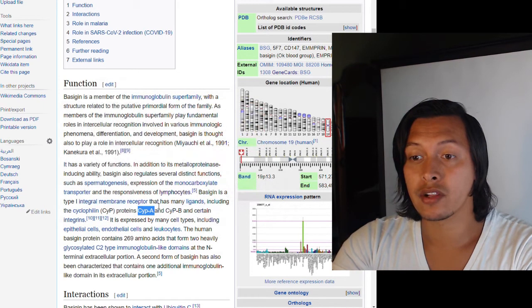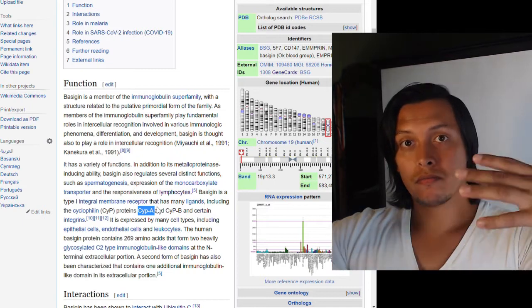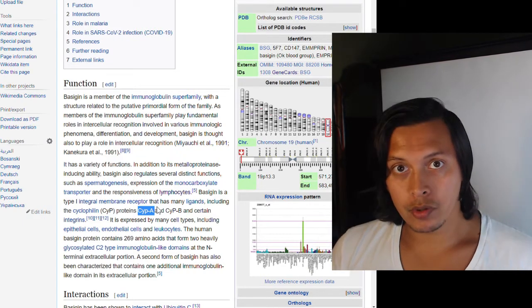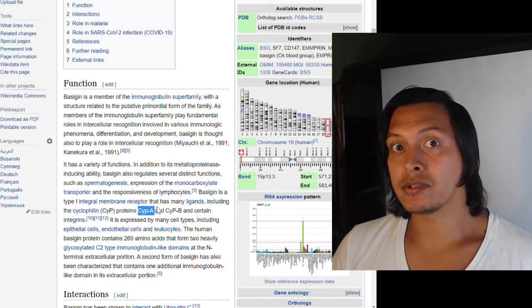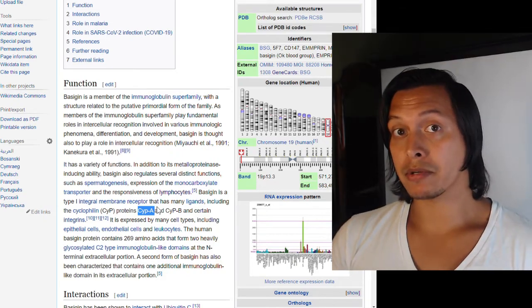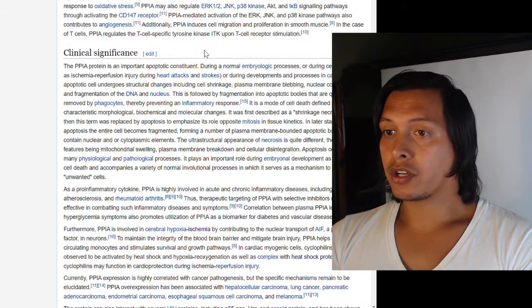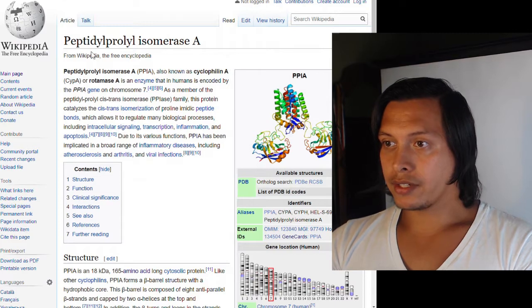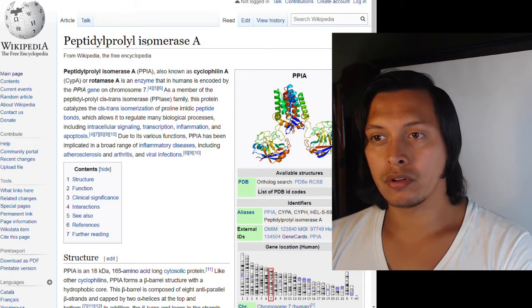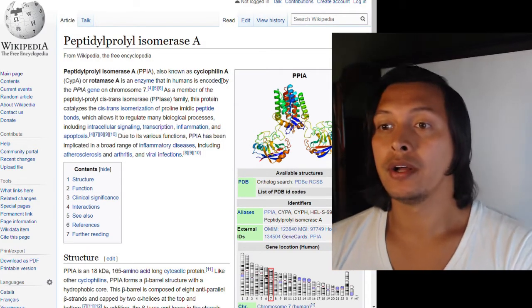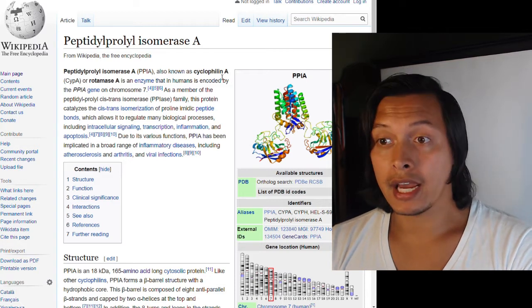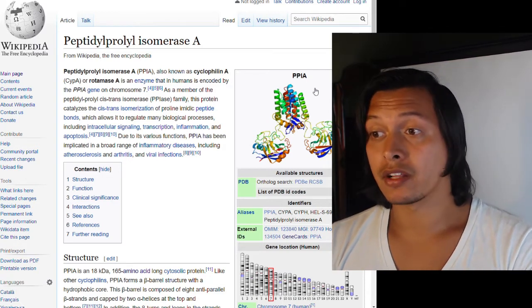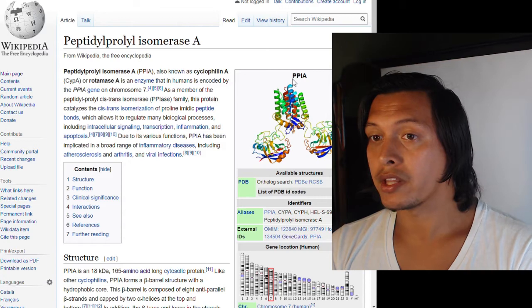These cyclophilins are used in your immune system, and oftentimes they are associated with a pro-inflammatory response. What I'm going to go over is peptidyl prolyl isomerase A, or cyclophilin A. Remember, there are different cyclophilins, but this is one of them.